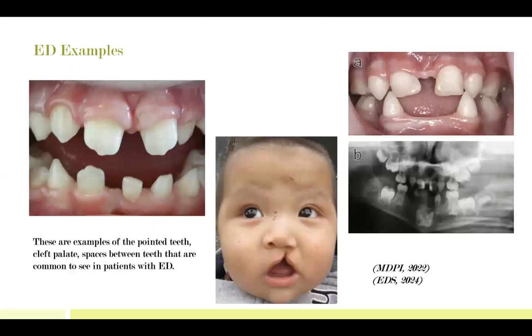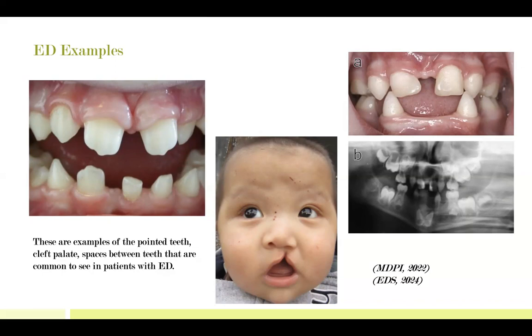Here are some examples of ectodermal dysplasia. These are examples of the pointed teeth, cleft palate, and spaces between the teeth that are common to see in these patients. On the left, you can see there are pointed teeth. The teeth are spaced out more than they should be. Everything's kind of abnormally positioned. You can see that the gums, the gingiva, are very bulbous.